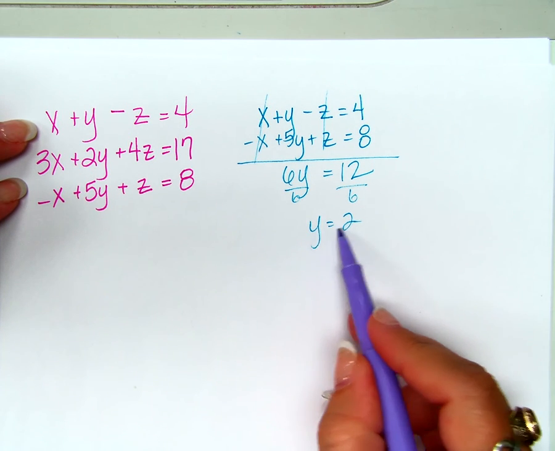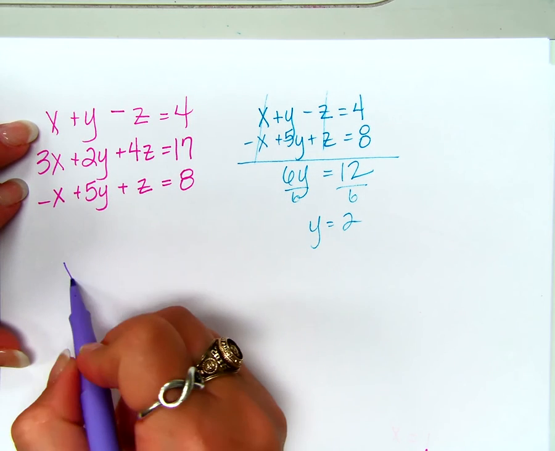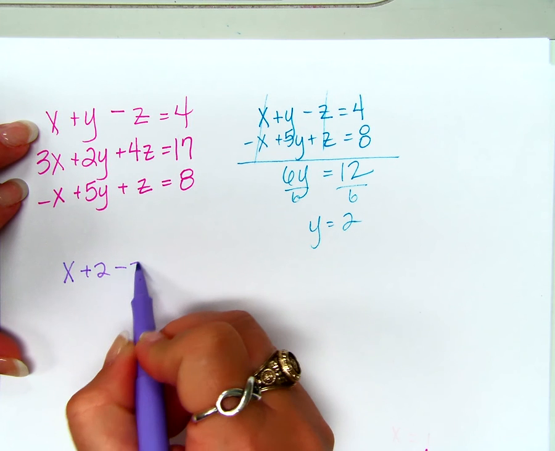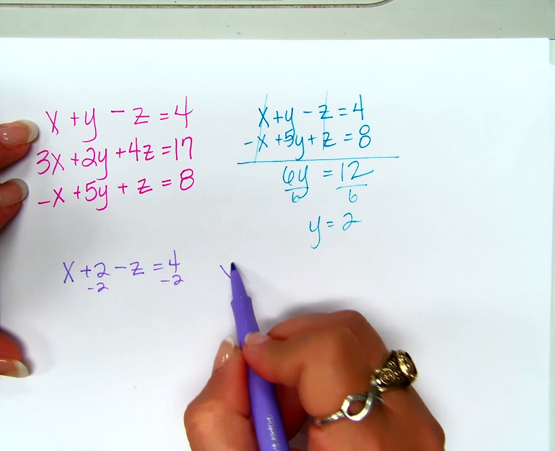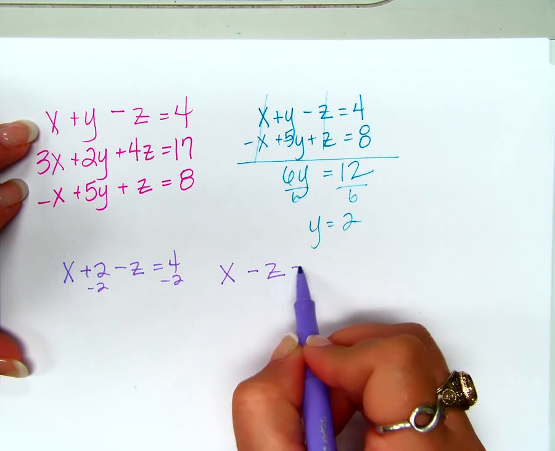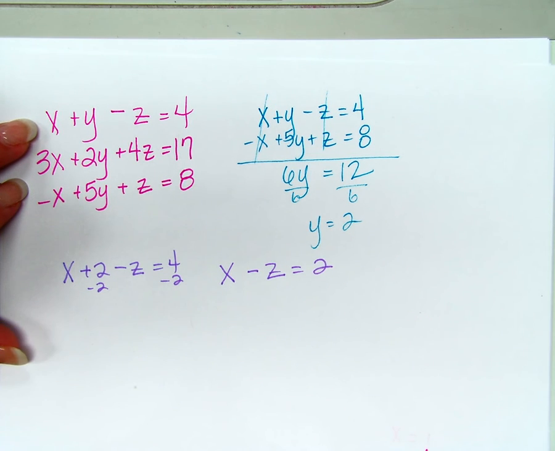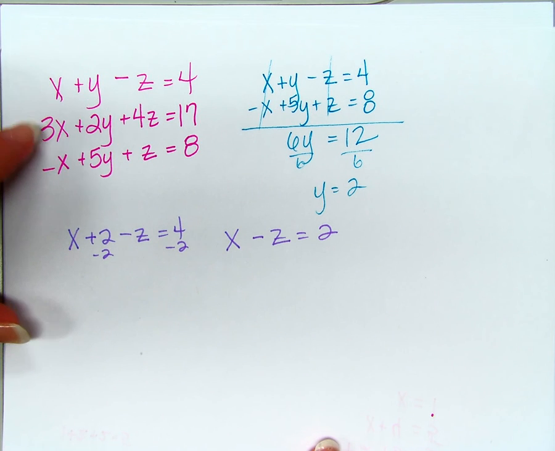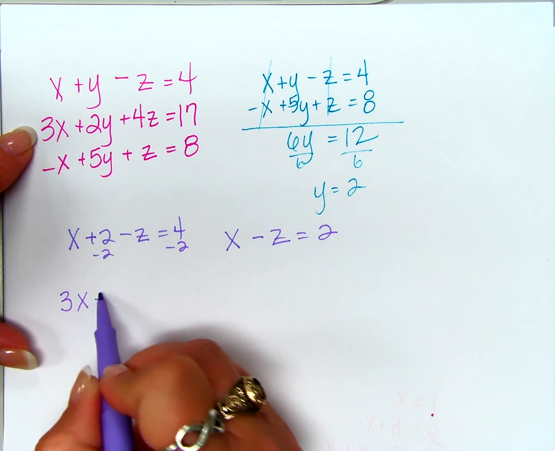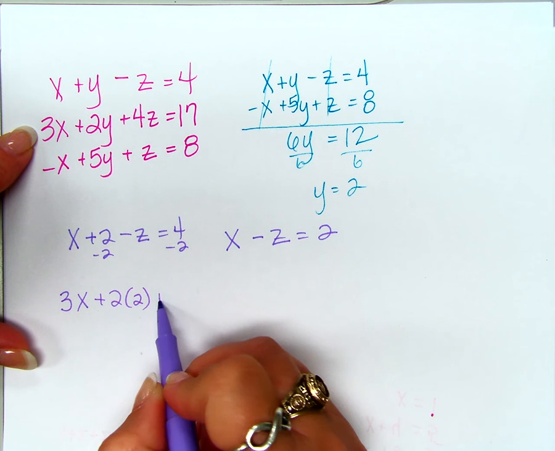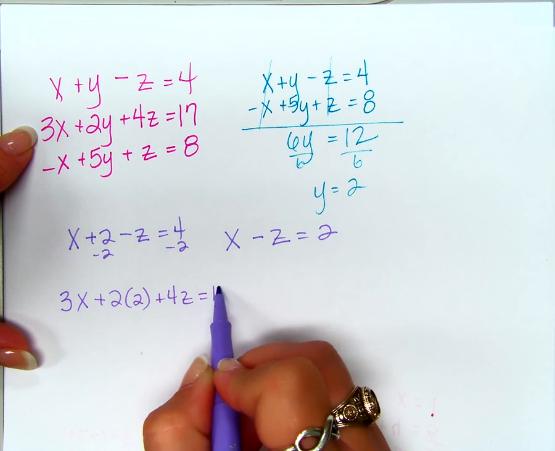So if I plug a 2 in right here, I'm going to get x plus 2 minus z equals 4. So x minus z equals 2. You okay with that? Now you said middle. Is that correct? 3x plus 2 times 2 plus 4z equals 17.